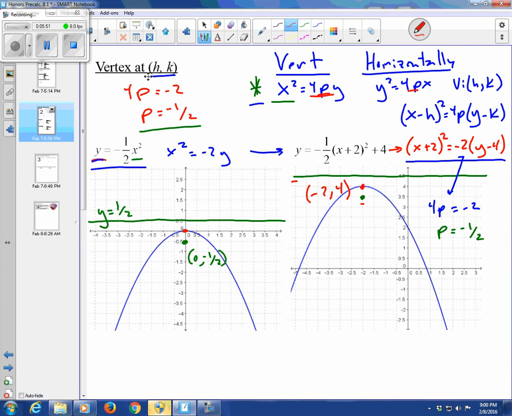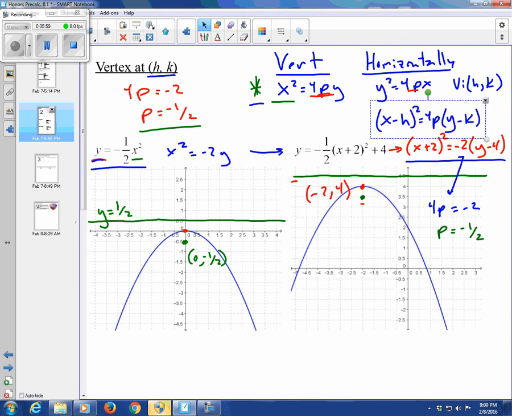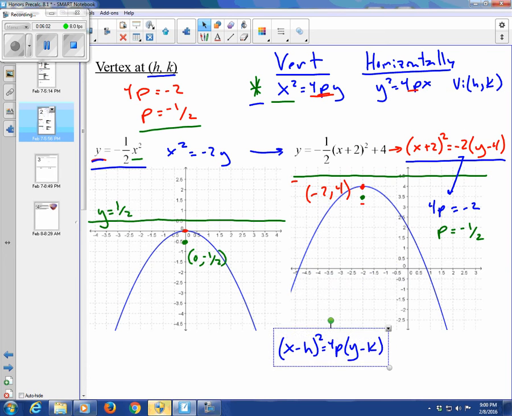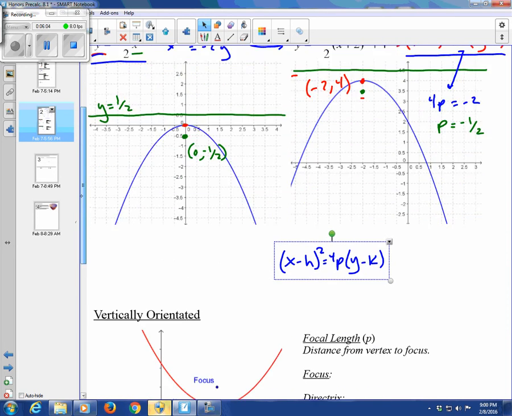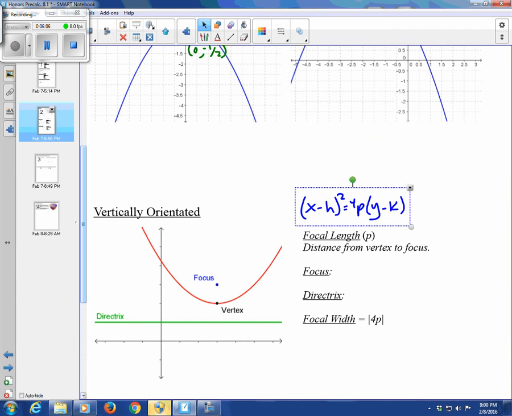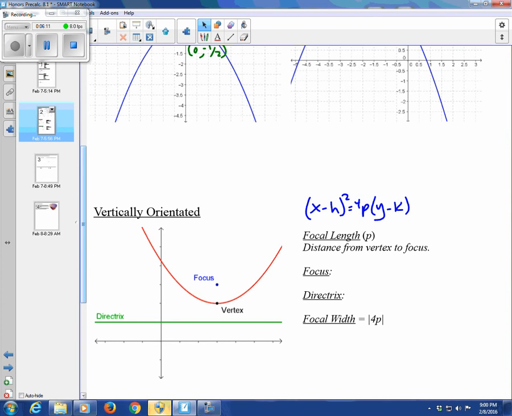And this is standard form for the parabola as a conic section on the xy axis, where that parabola is vertically orientated. So what we're going to do is take this equation down and start determining our focus, directrix, and focal width generically from our parabola right here.